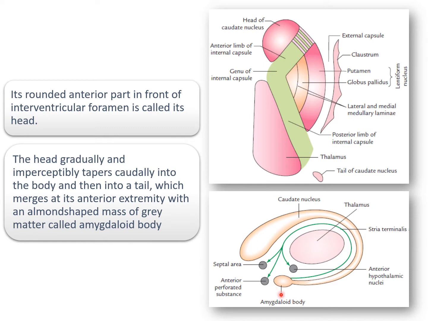So this one is the amygdaloid body. So this is the caudate nucleus, this is the thalamus, and this is the anterior hypothalamic nuclei, this is the anterior perforated substance, and this is the septal area, and this one is the stria terminalis.